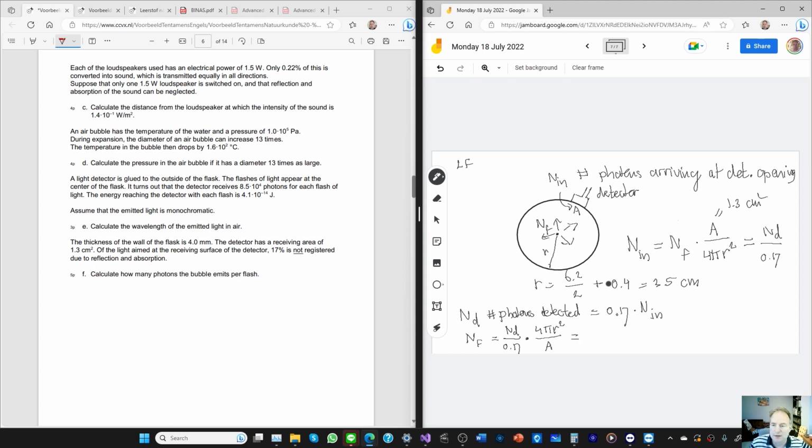Okay, let's substitute 8.5 times 10 to the power 4 divided by 0.17, and we have a 4 pi, and then 3.5 times 10 to the power minus 2 squared divided by a.